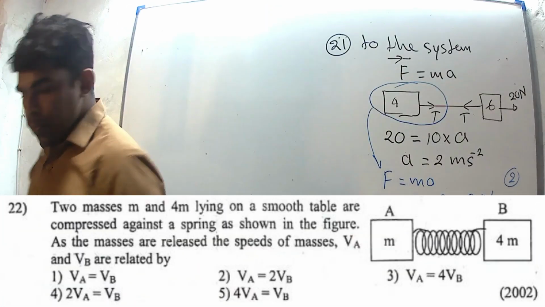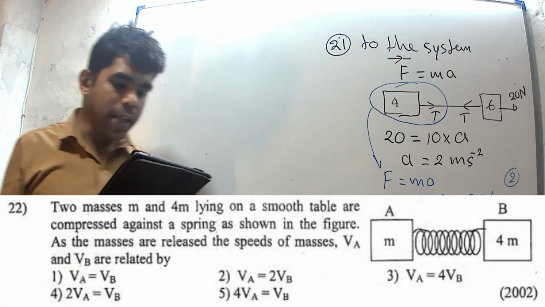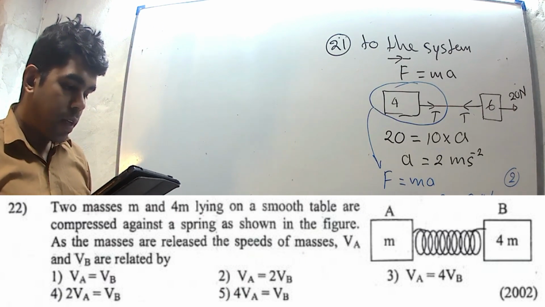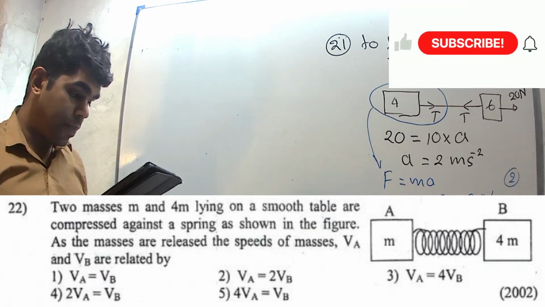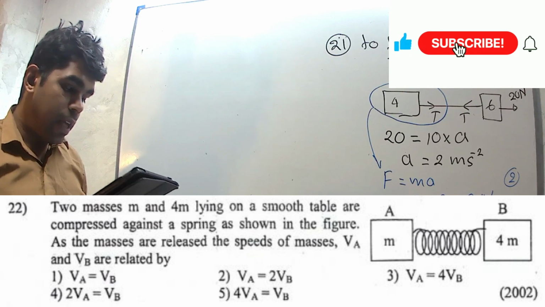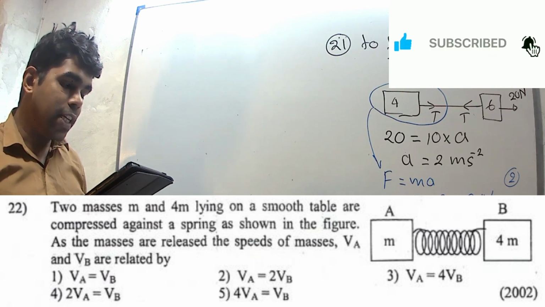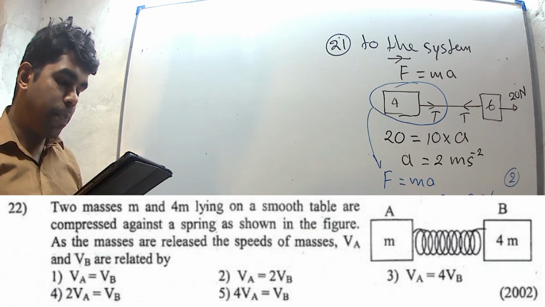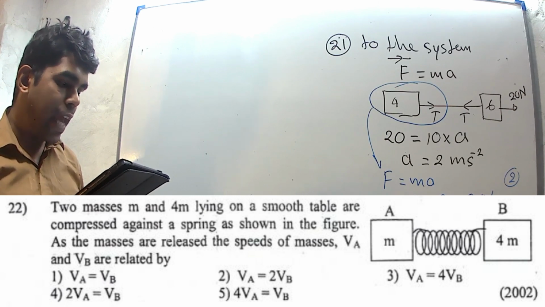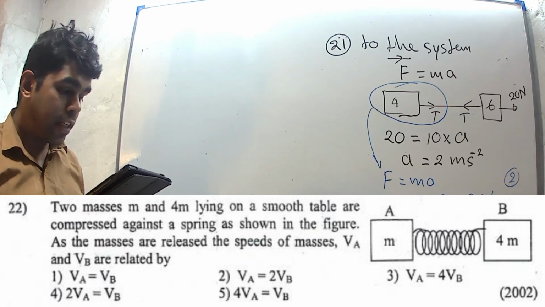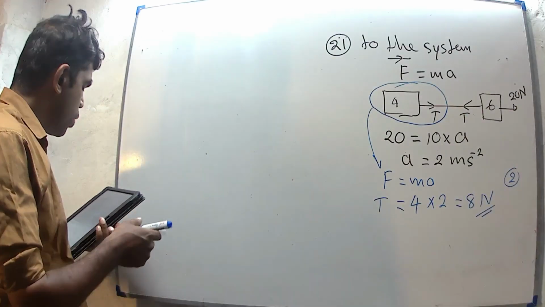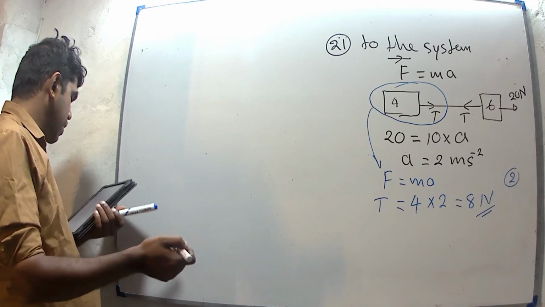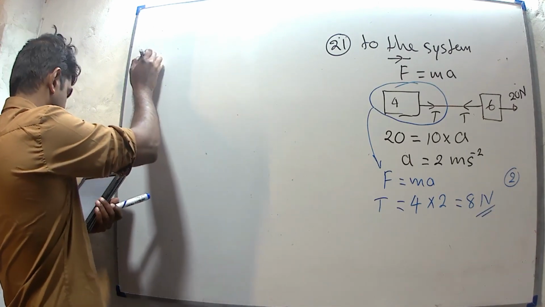Then 22. Two masses m and 4m lying on a smooth table are compressed against a spring as shown in the figure. As the masses are released, the speeds of the masses Va and Vb are related by. When releasing two objects, there is a constant force.